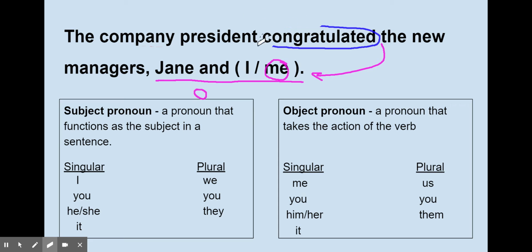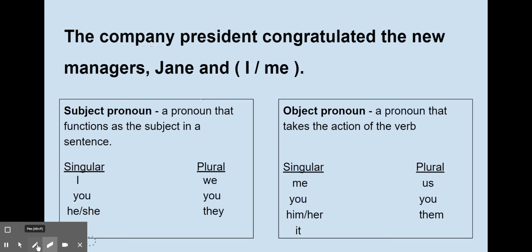When you're trying to figure this out, if you have words in the middle of your sentence that are sort of complicating things or throwing the meaning of it off, you can cut them out. So let's take a look at this again. The company president congratulated. If I get rid of all this extra stuff, would I say the company president congratulated I, or would I say the company president congratulated me?